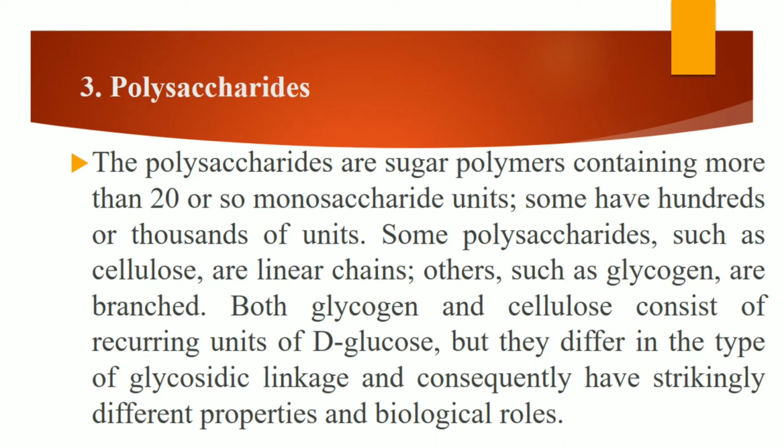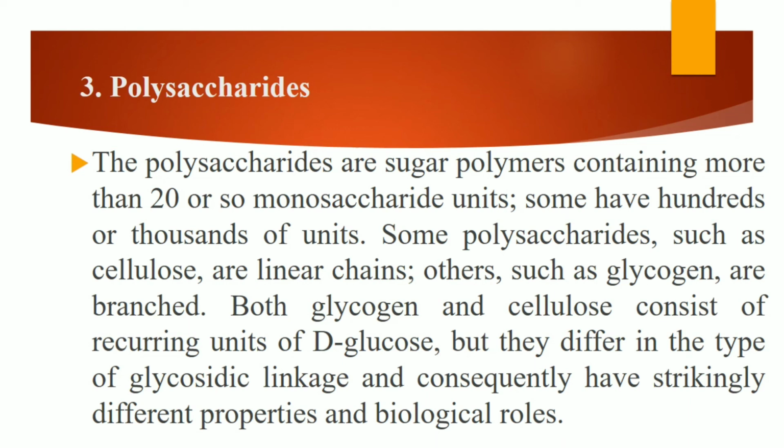So basically in polysaccharides, 20 or more monosaccharide units are attached to each other, even hundreds and thousands of units, through glycosidic bonds, and they exist in forms like glycogen and starch. They have very high molecular weight because hundreds and thousands of units are attached to each other.